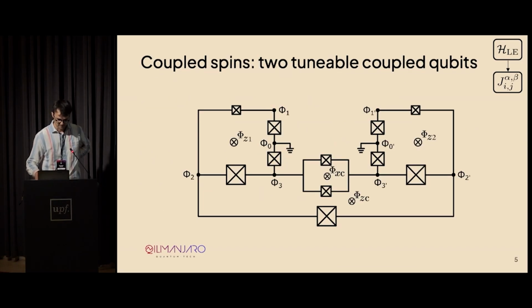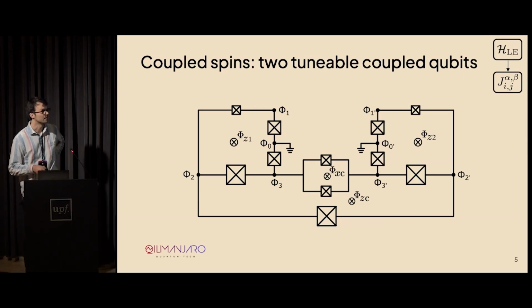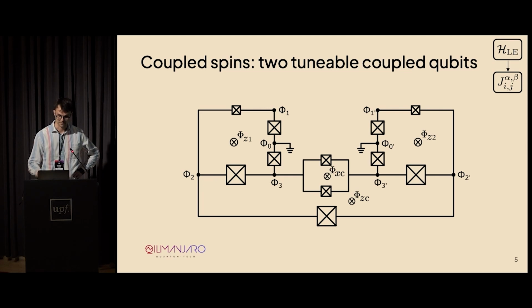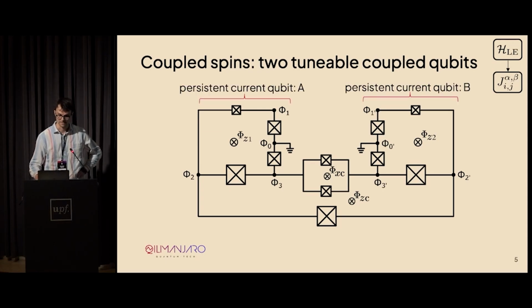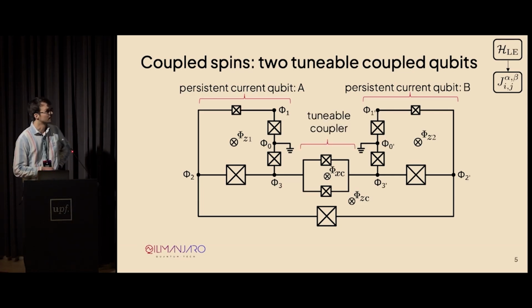And then in the second part, we also want to introduce couplings. So we need to introduce coupled circuits, which is done by using 2 of these flux qubits which I introduced before, and also a tunable coupler in the middle.